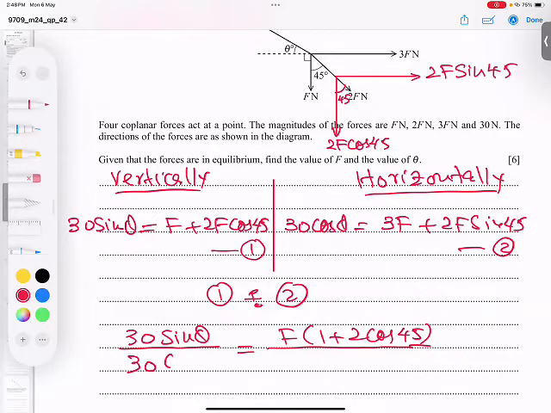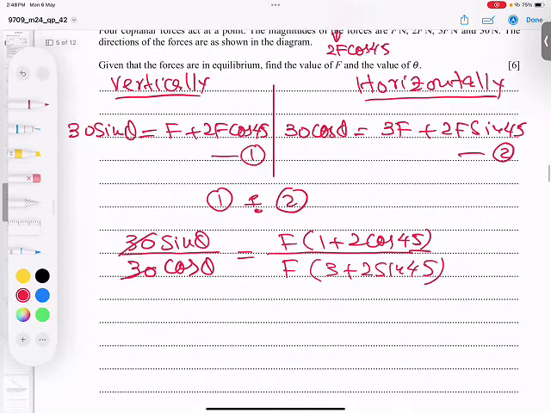So 30 cos theta. You can ask why, sir? Because sine by cos is tan, cos by sine is not tan. That is the logic behind it. So 3 plus 2 sine 45. How did I get it? This is F common out. So this 30 cancels, I got tan theta. F cancels, and I can find it easily from here.